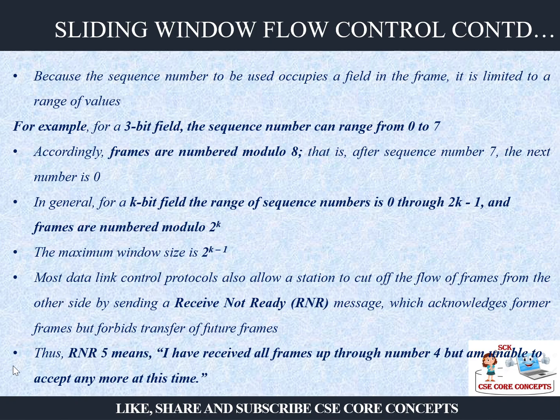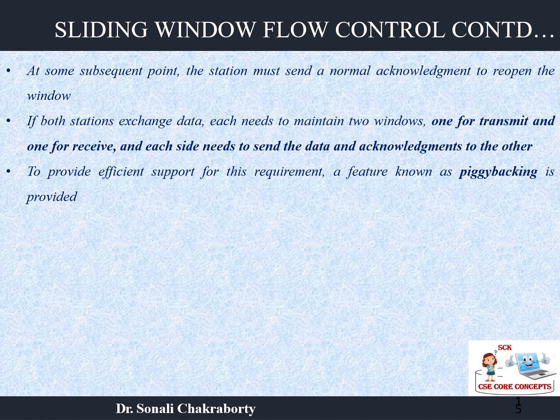If you send RNR 5, it means I have received all frames up to 4, but I am not ready to receive the 5th frame. At some subsequent point, the station must send a normal acknowledgement. So when the receiver is not ready to receive any further frame, it sends RNR, and after some time, when the receiver is ready again, it sends a normal acknowledgement saying that it is ready to receive.